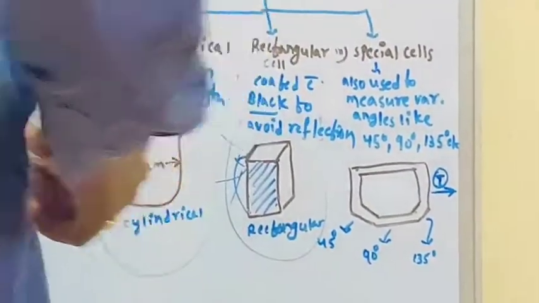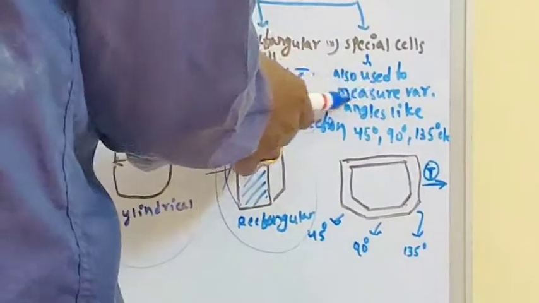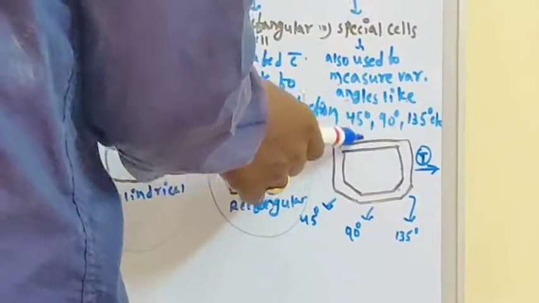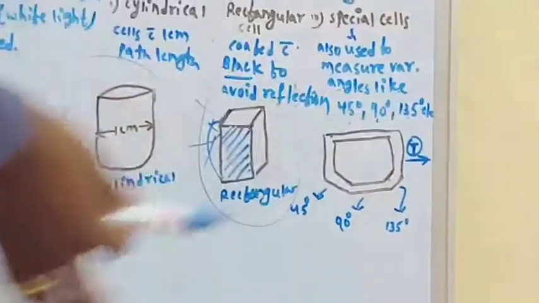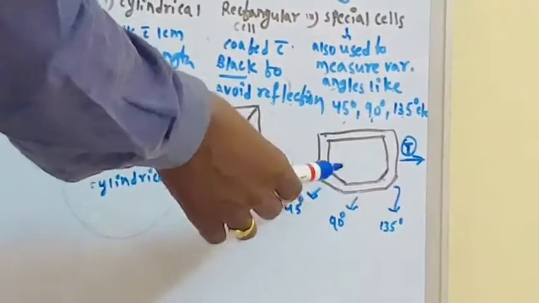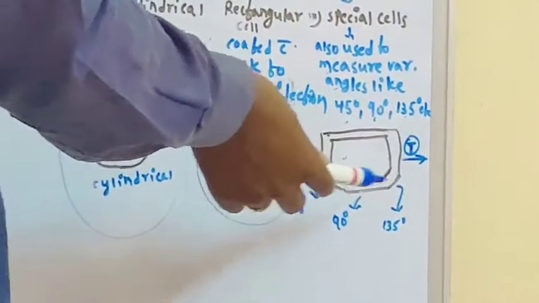Then special cells. Special cells are also used to measure various angles like 45 degree, 90 degree, 135 degree, and also 180 degree, that is transmitted light.